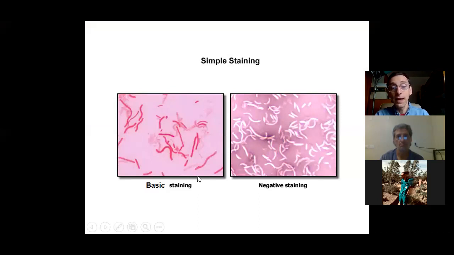Both of the stains show up the cells quite visibly, but they're different. The basic stain is essentially staining the cell, and the background is not stained, or in this case, it's very lightly stained. In a negative stain, you're staining the background, and then the cells are not stained.